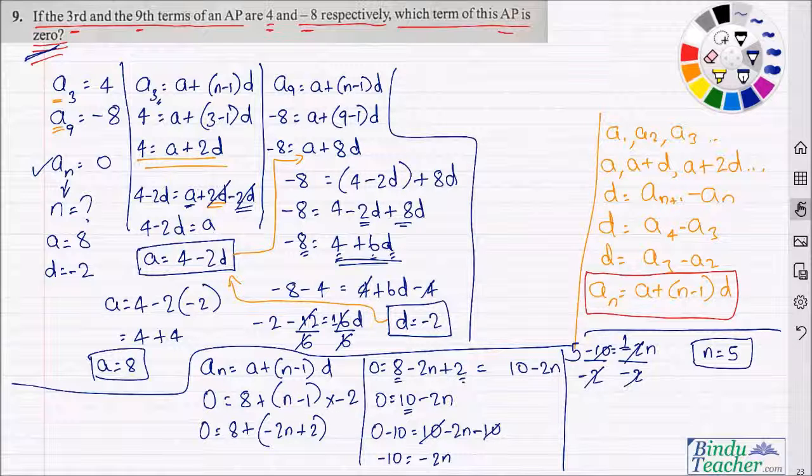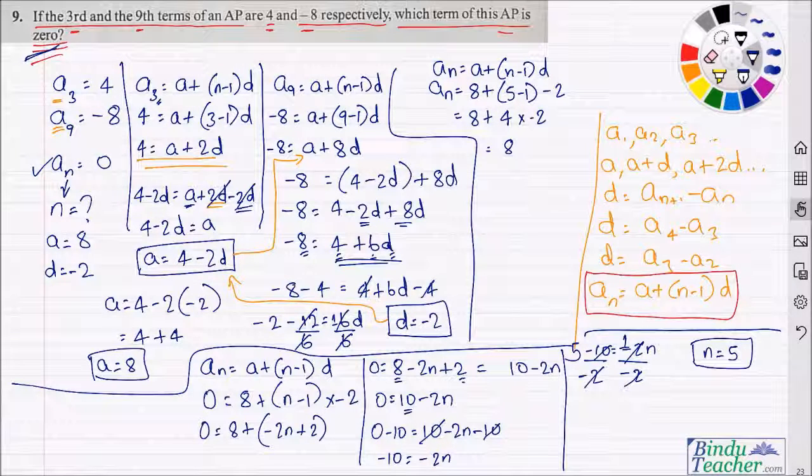Now we can quickly verify this, right? So we'll write a of n equals a plus n minus 1 into d. A of n equals the value of a is 8 plus the value of n is 5 minus 1 into d. D is minus 2 equals 8 plus, we have 5 minus 1 equal to 4 into minus 2.